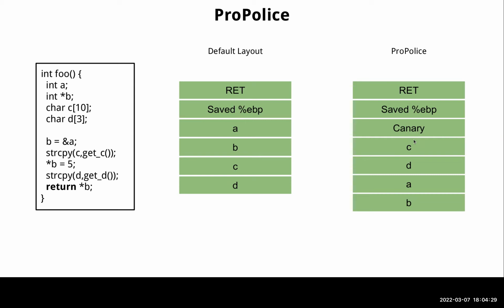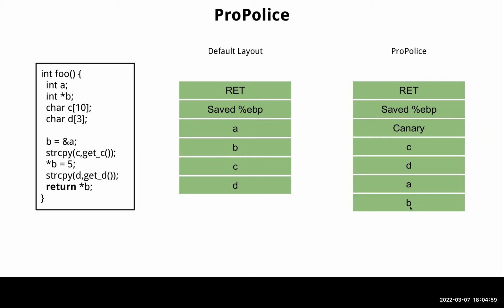The benefit of this is that if we're using the default layout and we put a canary there, we will still be able to overflow A and B, even though we cannot overflow, say, the EBP. Of course, another approach is to put the canary between D and C. That will also work, but that probably will require more program analysis, right?